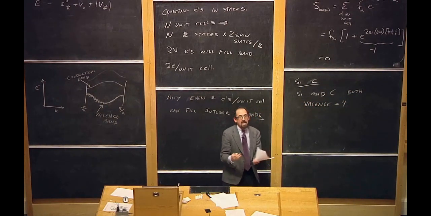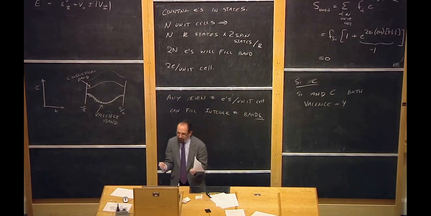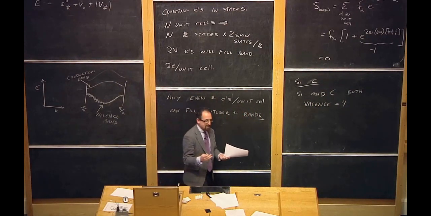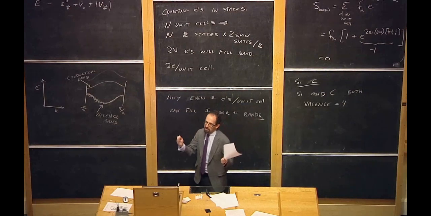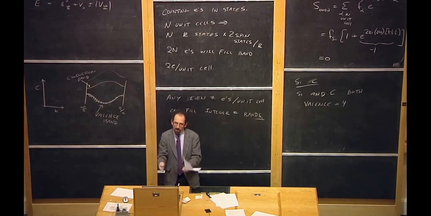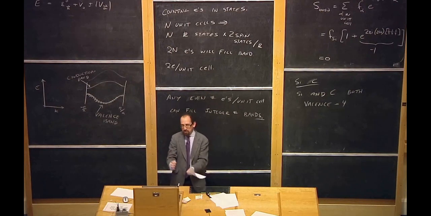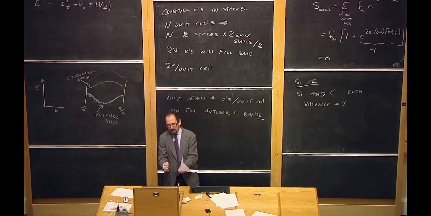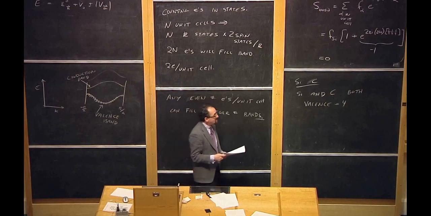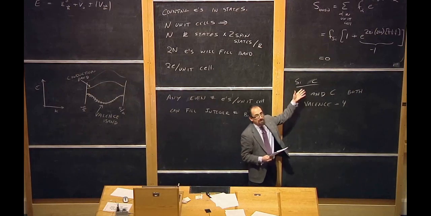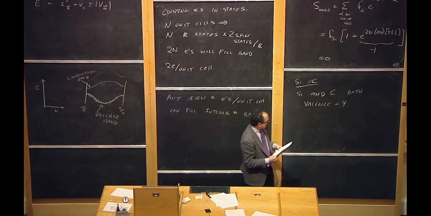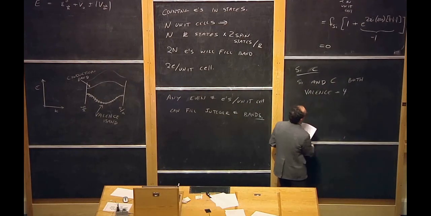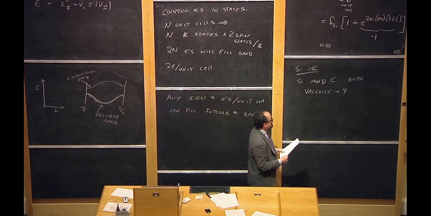Why am I only counting 4 instead of all of their electrons? The reason is that we generally only count the electrons in the farthest out shell, because the farther in shells are completely inert. They're buried at much, much lower energies. But if you counted their filled shells as well, you would discover that those are even too, so we would still have an even number of electrons for both silicon and carbon.